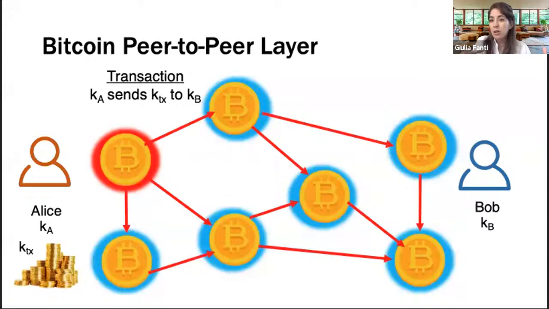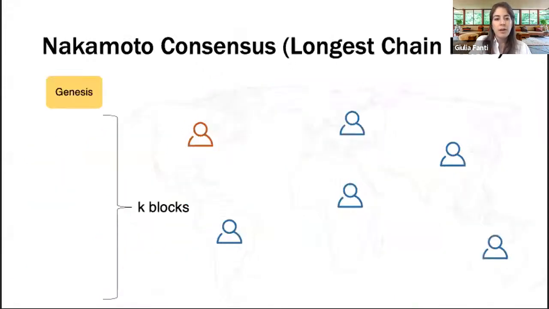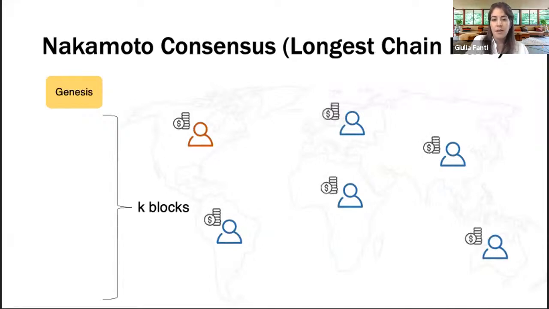How do we actually all come to agreement that this transaction is valid? This is where the consensus protocol comes in, which is called Nakamoto consensus or longest chain rule. So the idea here is that once Alice generates her transaction and sends it to all of her peers, a subset of these peers, who are known as miners, are going to start racing to produce blocks.